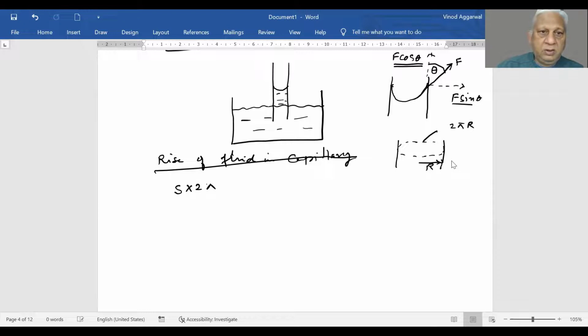Total length is 2 pi r, and vertically upward will be its cos component. Now this is the force acting upwards, and what it will cause? It will cause liquid here to rise.